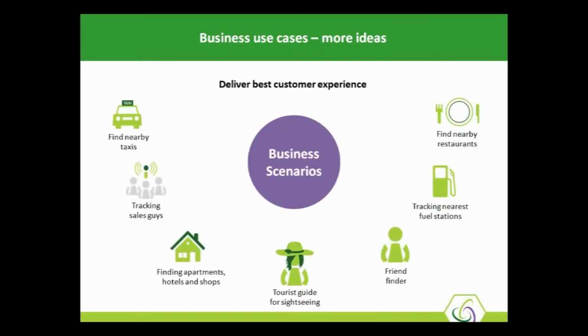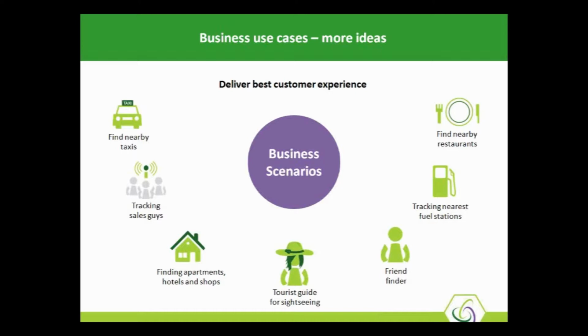So not only that, there are so many other applications that are in the market, like you can find a nearby taxi, you can use these location-based services to track the sales guys, and I have come across this cool application to find apartments.